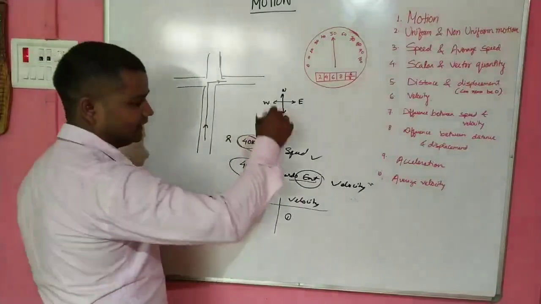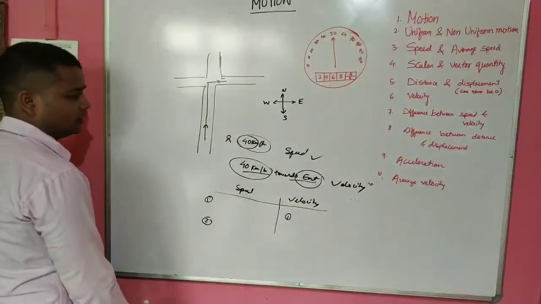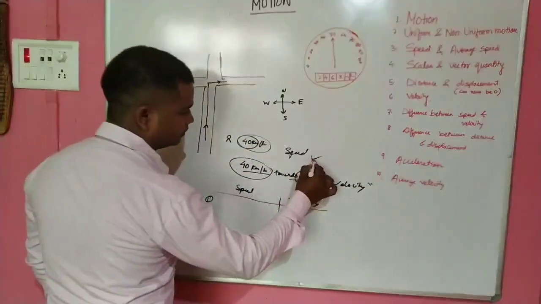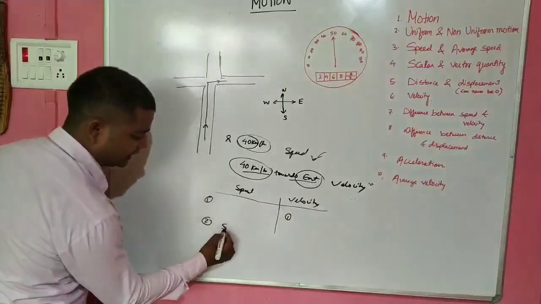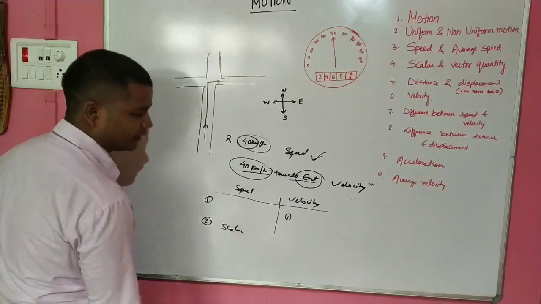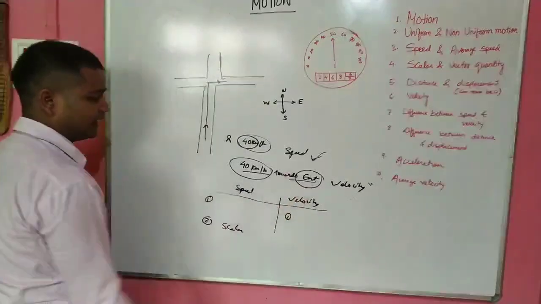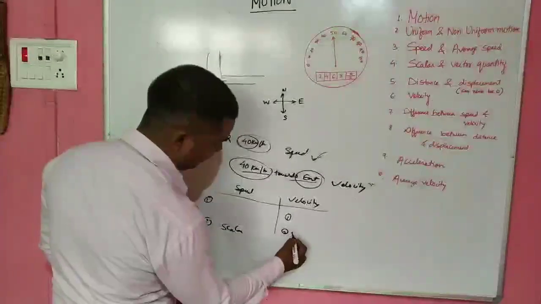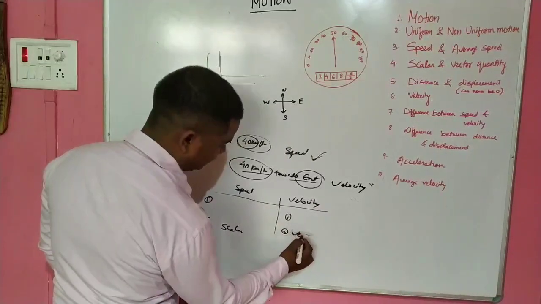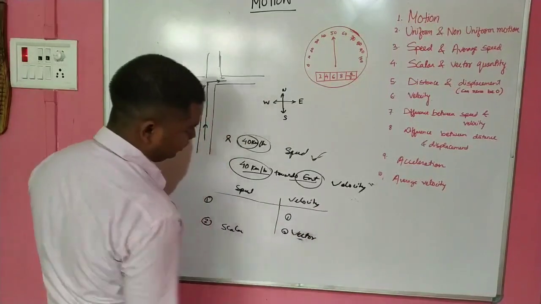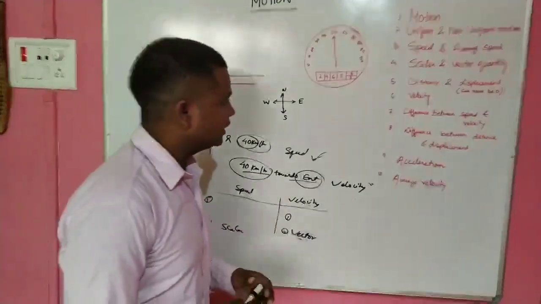Secondly, this whole police story. Speed has only magnitude, so speed will be a scalar quantity, and velocity will be a vector quantity because it has both magnitude as well as direction. So you can write these two differences between speed and velocity.